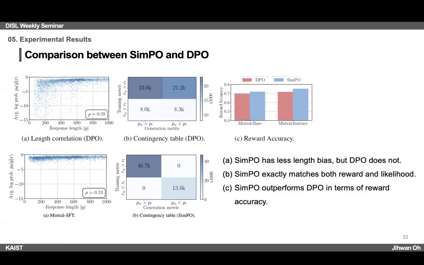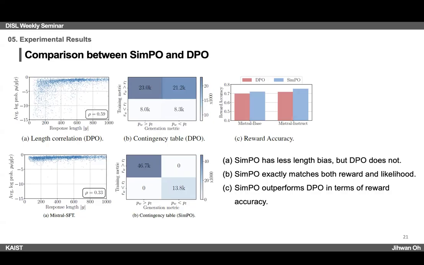In the case of DPO, in the training reward they include the reference model, right? So it is different from the generation metric. I got what your point is.